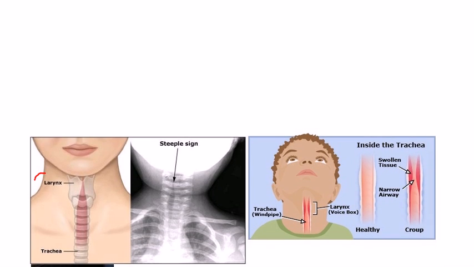This is the larynx, and this is the trachea, and this is a healthy airway right here. As you can see, it's very patent. But then this is croup. Now notice the swollen tissue here. What it's doing, it's narrowing the airway, and that narrowing is what leads to the symptomatology of croup. You can clearly see that there.